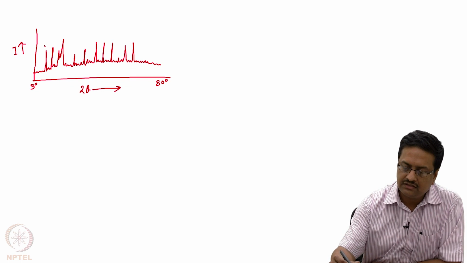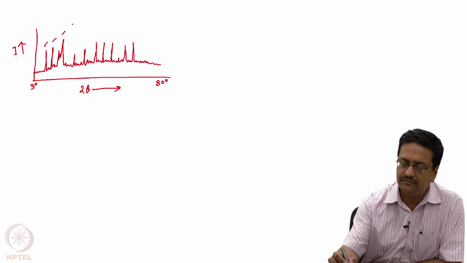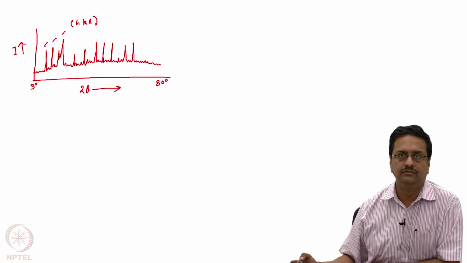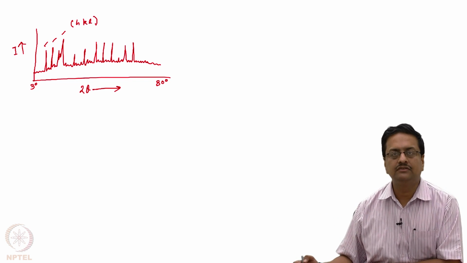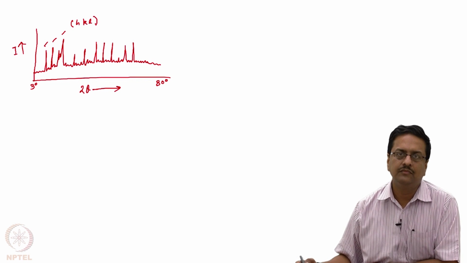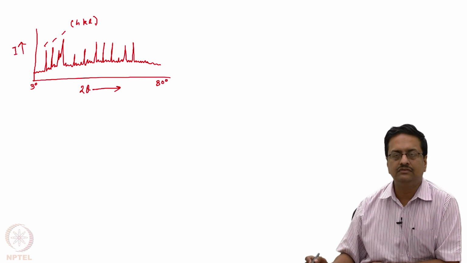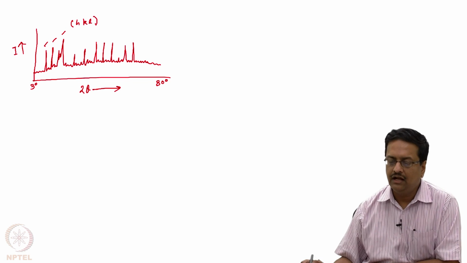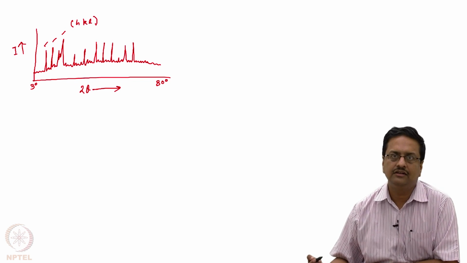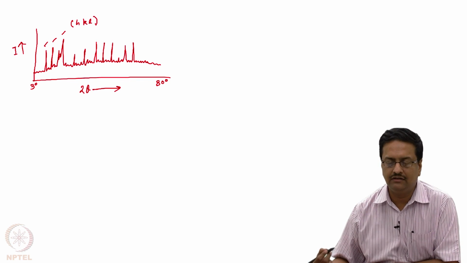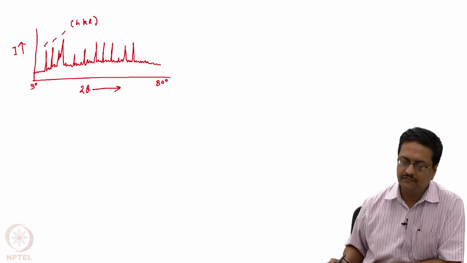So every such reflection is identified with unique H, K and L values. We have also seen in the case of the cubic system how those H, K, L values can be identified, and from that how one can determine the unit cell parameter and also identify the lattice centering.